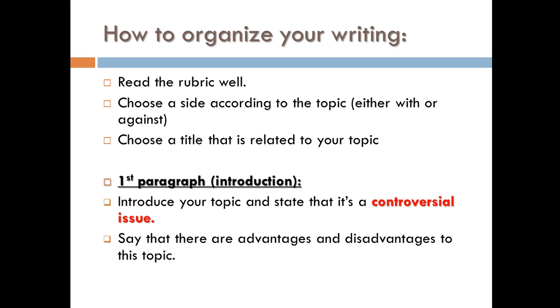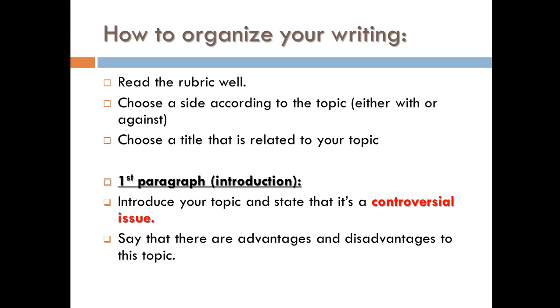Also, it can have good things to it if you want to think about it. So here you have to choose a side. You're either with or against, and pros and cons mean the advantages and the disadvantages of my topic. Now, the pros of a topic is the advantages, the good things. The cons of a topic is the disadvantages, the bad things.